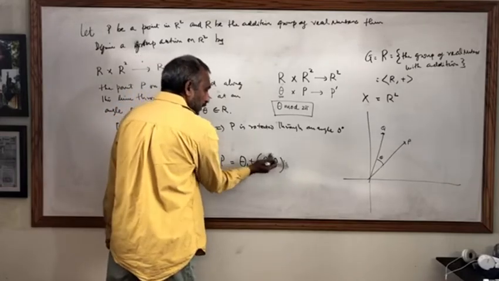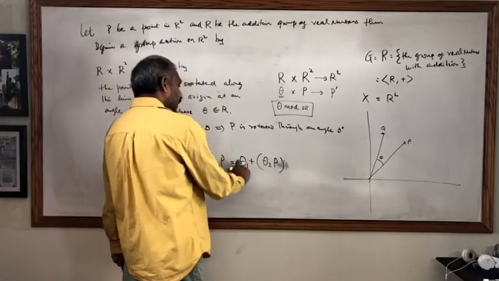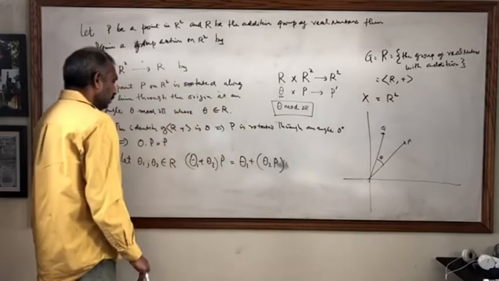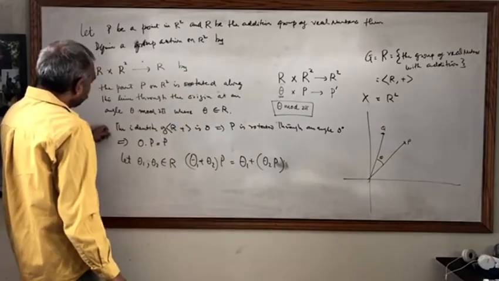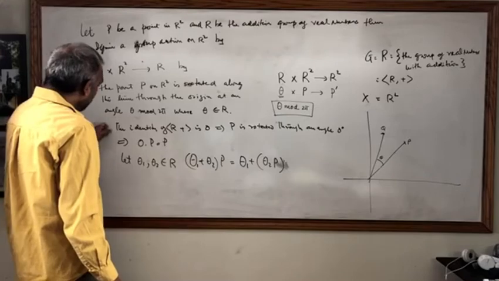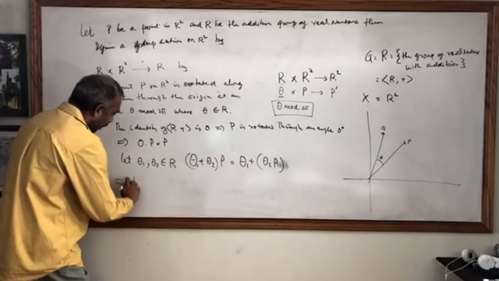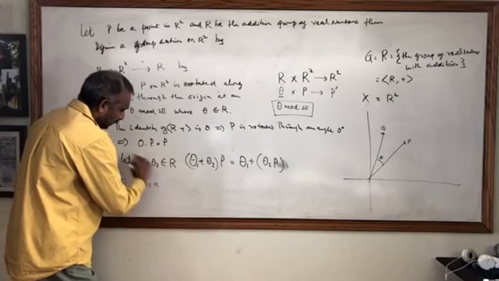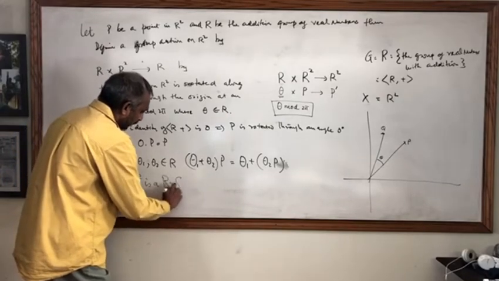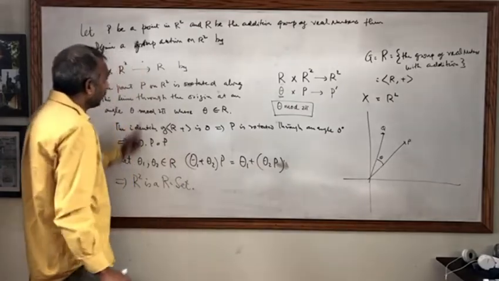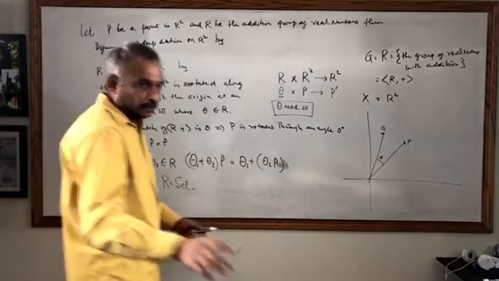First you rotate theta 2 angle, then you rotate theta 1 angle. So both the group action axioms are followed. So that means R square is an R set under this action.